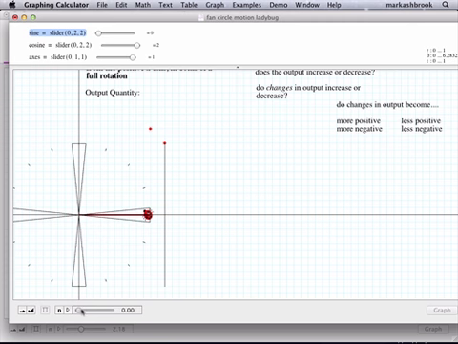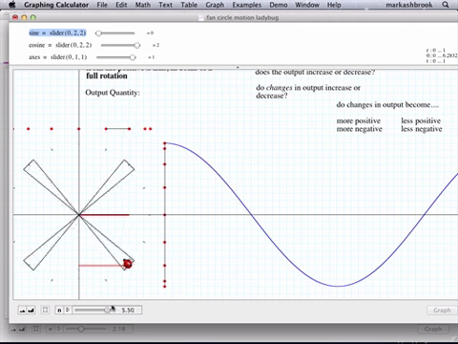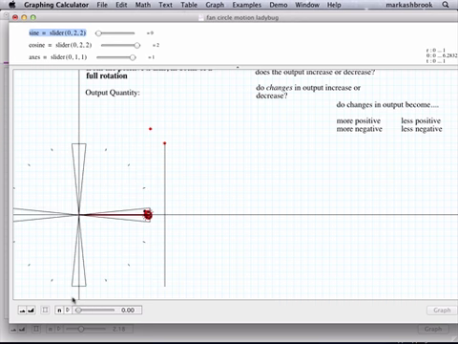We had the ball swinging around at 2 radians per second. So instead of the fan, now it's the ball, and it's going around at 2 radians per second.